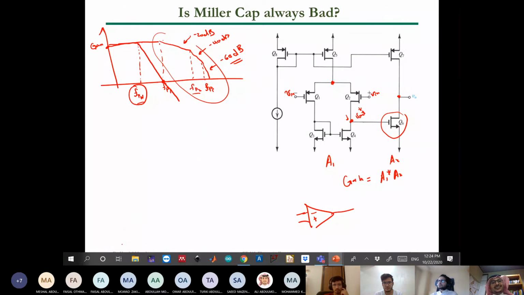Exactly, this is what we need to do. حط الكاباسيتر between two nodes بينهم inverting gain، على طول الeffective capacitor يكون عندك very large, multiplied by the gain. لاحظوا انه من اول كنا نقول هذه مشكلة، الان we are using Miller somehow.